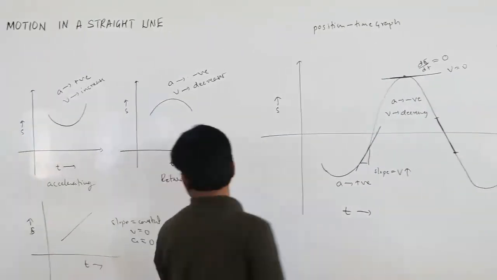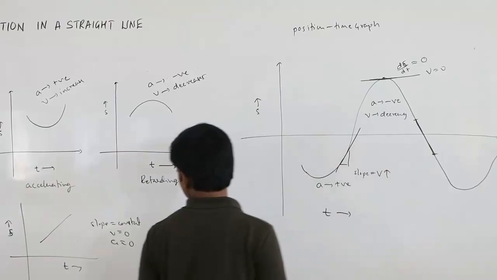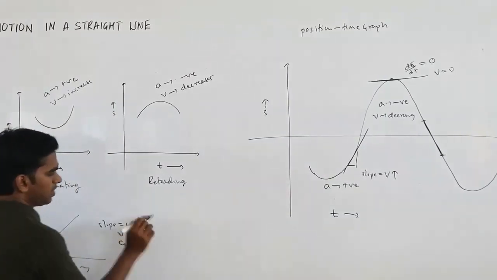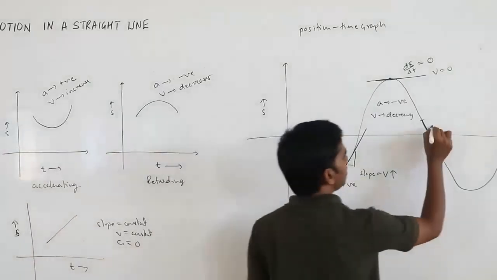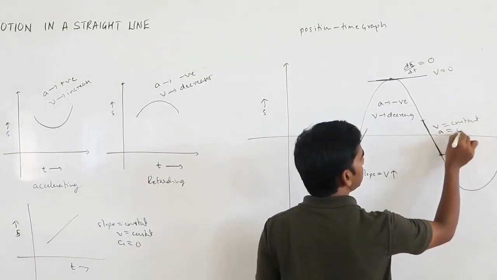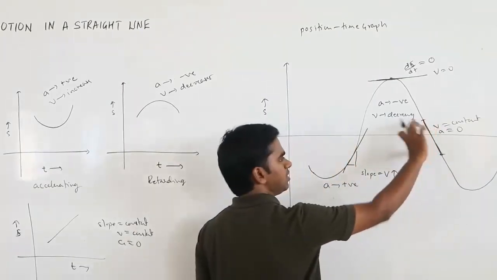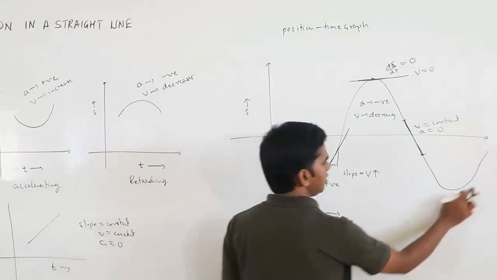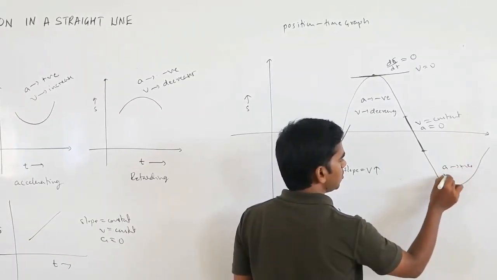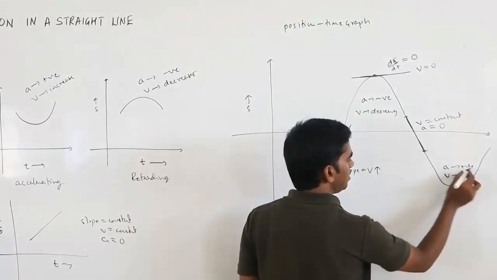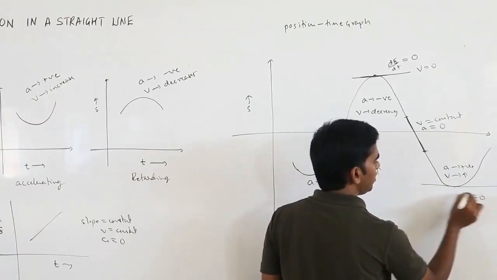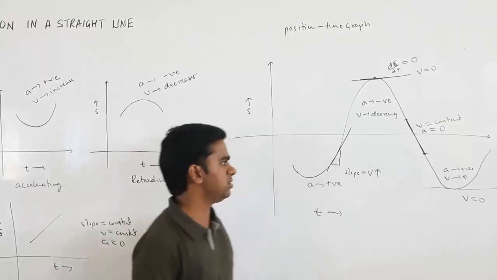That means V is constant, not 0. So acceleration is going to be 0 for this one. Again here it is upward, so A is positive and V increases. But if you take this one, here again V is going to be 0 because the slope is going to be 0.